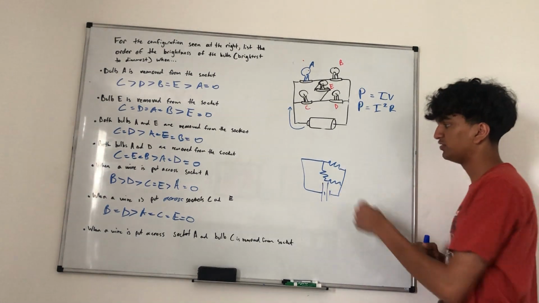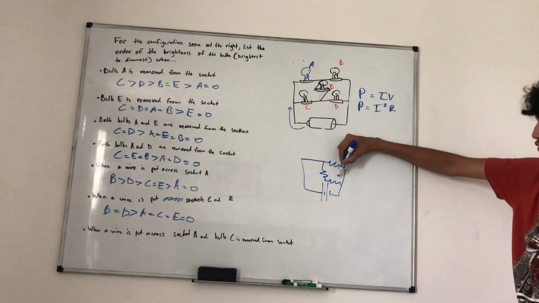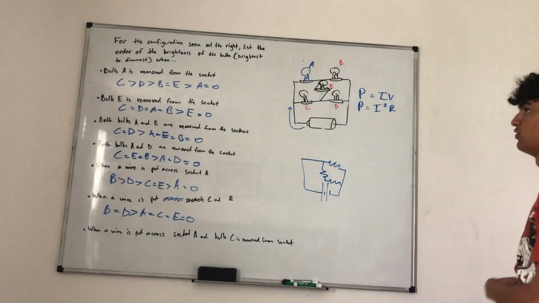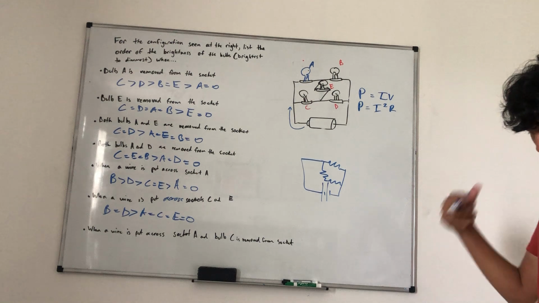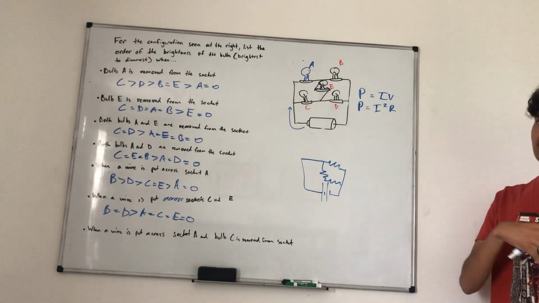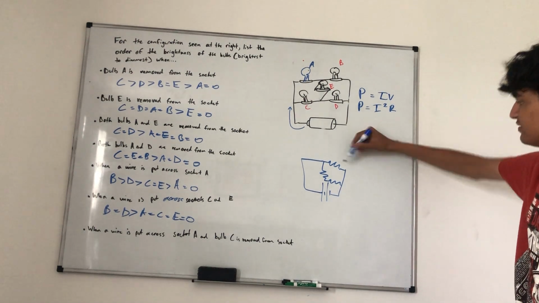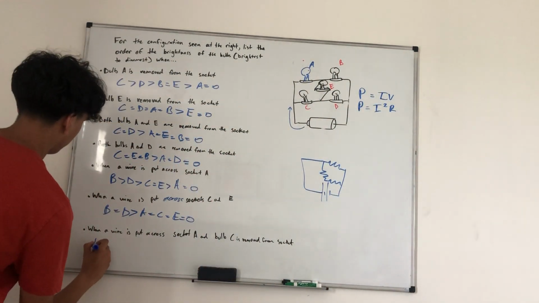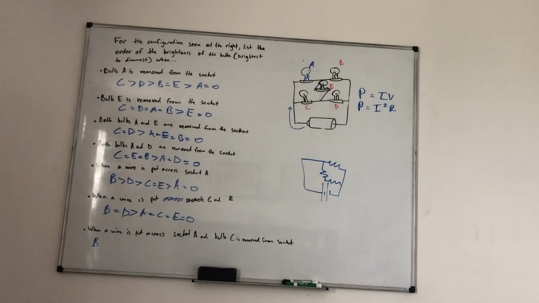So I know E is going to equal D, and then this equivalent resistor is going to be greater, and it's going to be in parallel with this resistor. If you have parallel, a greater equivalent resistor means less current. So B is going to get the most current.